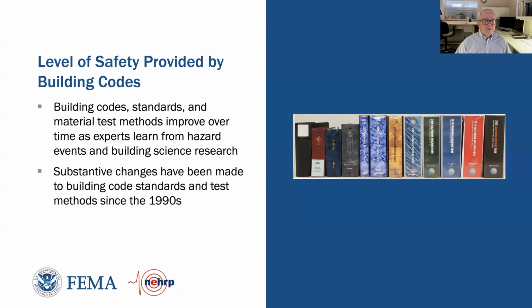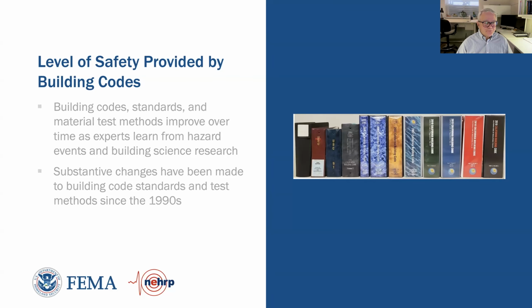So modern building codes are generally considered more robust, and we find, in fact, the most substantive changes have been made to building code standards and tests since the 1990s. So by extrapolation, buildings constructed before the 1990s aren't under the same umbrella, if you will, as school buildings that are designed after that period.